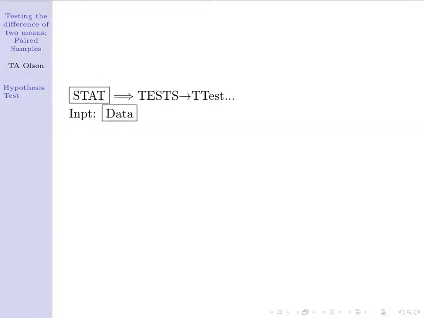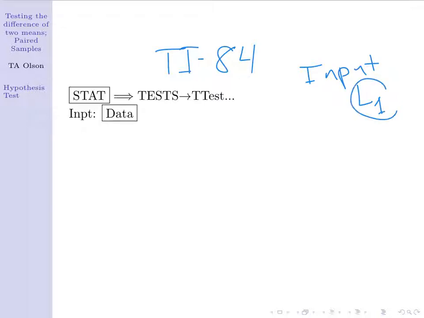Right? Again, we live in the future. We don't want to do any of this by hand, so this is TI-84. What I've done is I've inputted the data into list 1, and the key is I've inputted the difference data, the +3, the -9, the -1, the -9, right, all the way down to the -20.